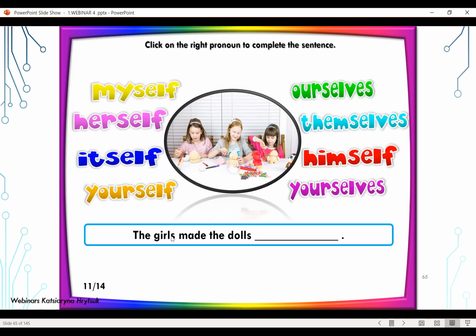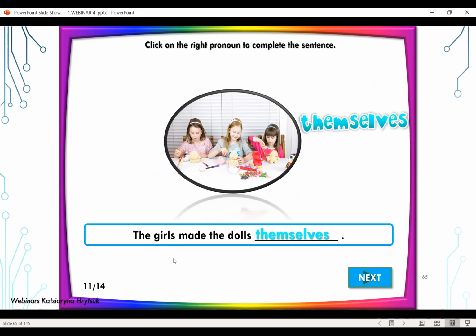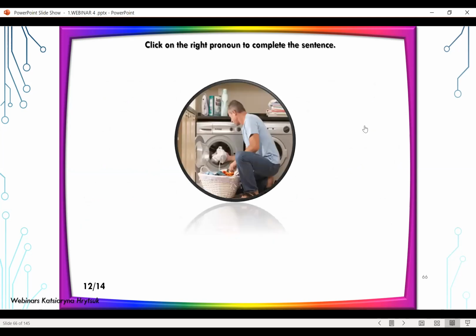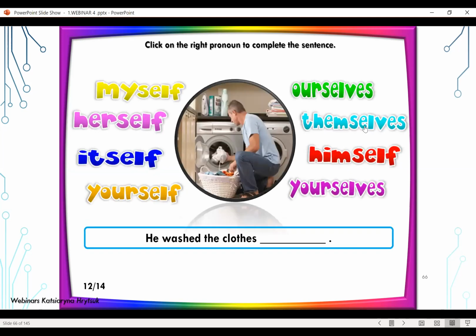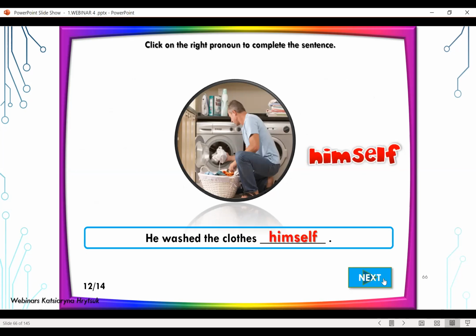So the girls made the dolls themselves. So the girls, they change to themselves. Not so difficult. Sophia. He washed the clothes himself. Yeah, absolutely. He himself. Himself.